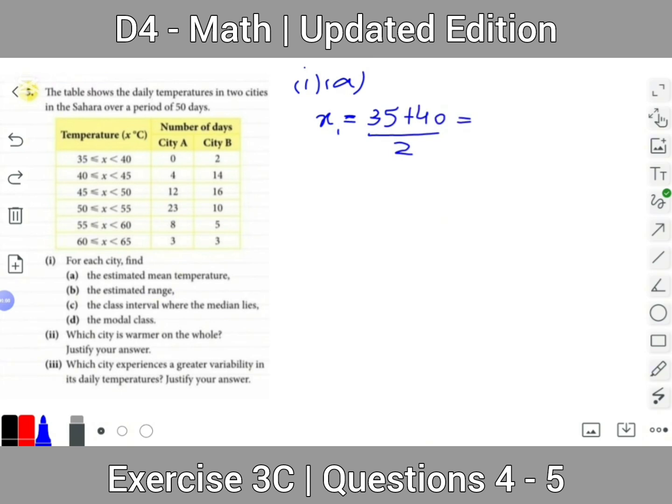This gives us 75 divided by 2, and 75 divided by 2 will be equal to 37.5.